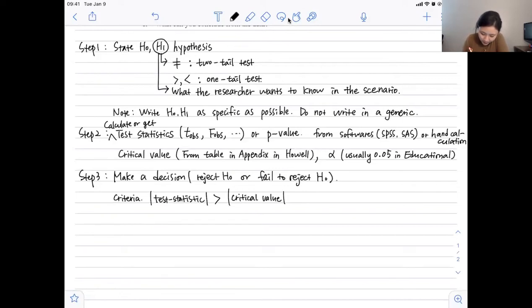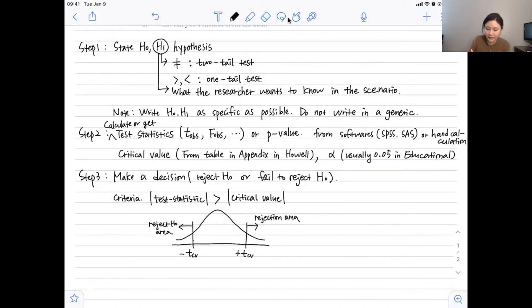hypothesis. Because in the graph, for example, the T distribution, especially in a two-tailed test, we have two critical values, one positive and the other negative. So this is a positive T critical value, and this is a negative T critical value. After these, we reject the null hypothesis.